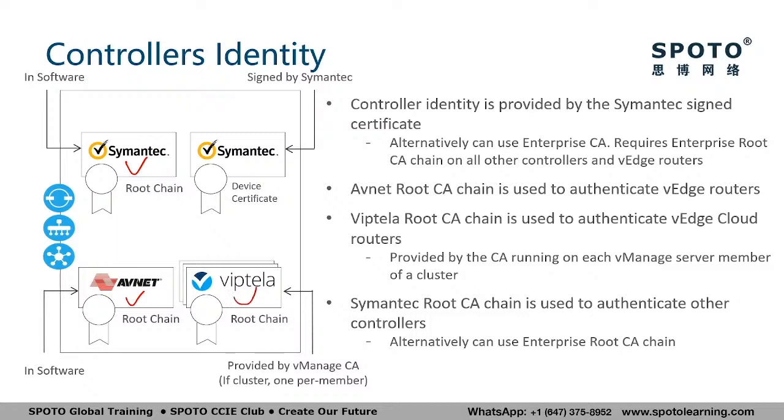Long story short, when vEdge routers are to be onboarded, it uses Avnet as the root CA. If it is vEdge cloud routers, it uses the Viptela root CA. And if it is to authenticate other controllers, it uses the Symantec root CA.